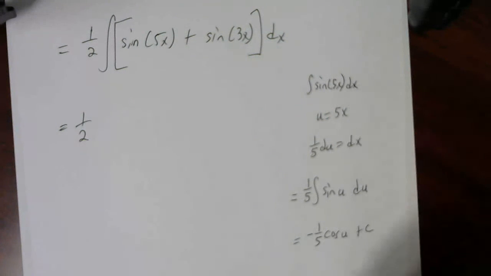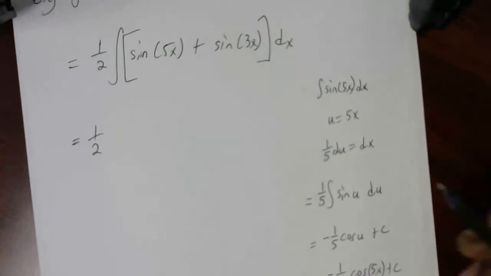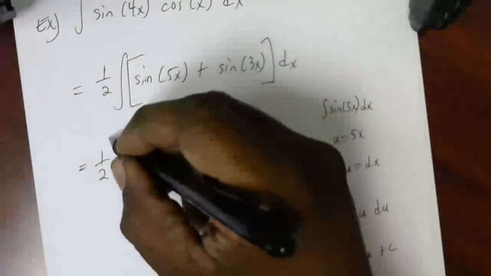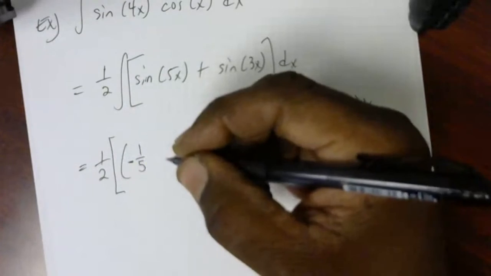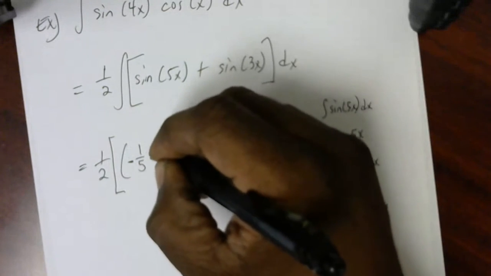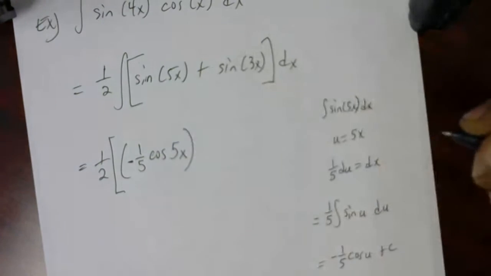I'm going to back substitute u for 5x, so that's negative 1/5 cosine 5x plus c. So when we integrate the sine of 5x, we have negative 1/5 times the cosine of 5x.